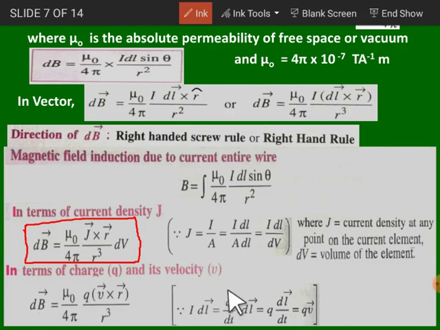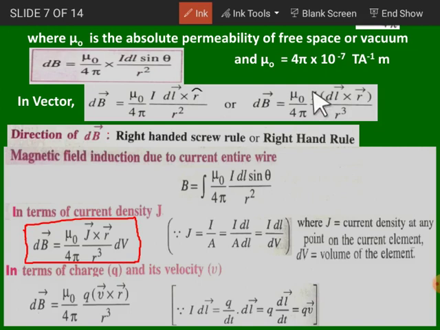So your I can be expressed as q by dt. So I dl is q dl by dt, where dl by dt is nothing but the velocity of the charge flowing through the conductor. So q v. So instead of I dl in this, we can replace it by what?